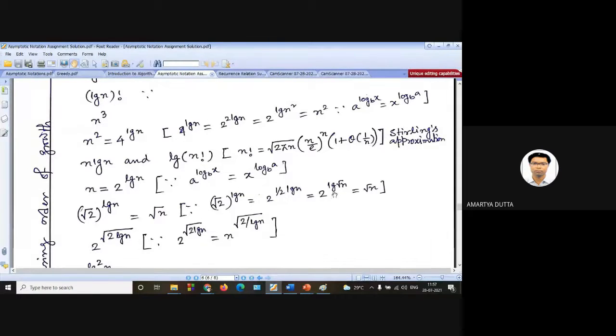That's why 2 to the power lg root n, we can write as root n to the power lg 2 base 2. Now lg 2 base 2 is 1. That's why this is root n.